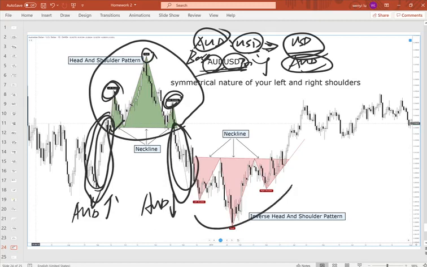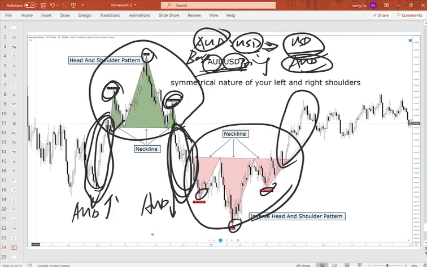Then for this part, there is another head and shoulders pattern. But be careful, this one is an inverse head and shoulders. This is our head, and these are our two shoulders. If you see this pattern, our price will also reverse after it. So now the Australian dollar should not depreciate, but appreciate.